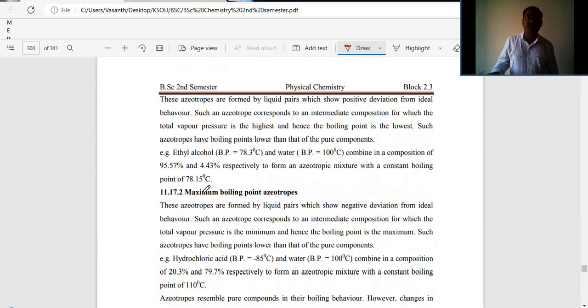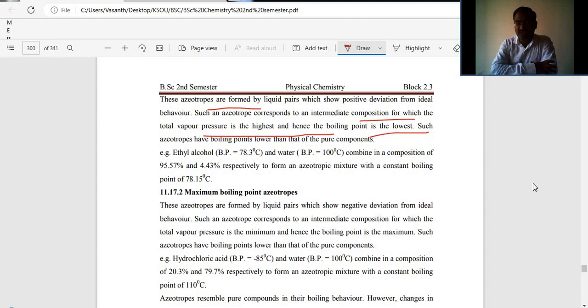In minimum boiling azeotropes, the azeotropes are formed by liquid phases which show positive deviation from ideal behavior. Such an azeotrope corresponds to an intermediate composition for which the total pressure is the highest and hence the boiling point is the lowest.